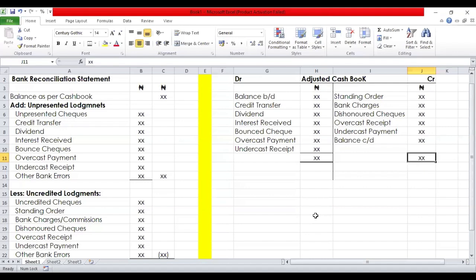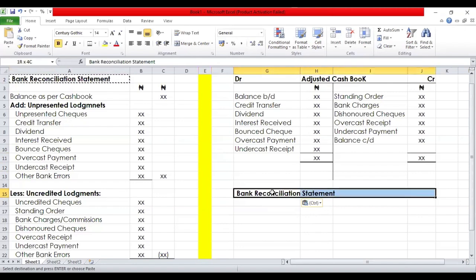And we now come after this and prepare the bank reconciliation statement. This is how it looks. In this scenario, many things are meant to change under here. What are those things that are meant to change?